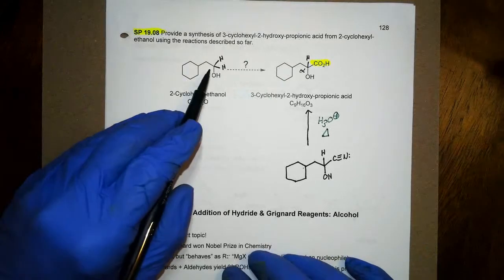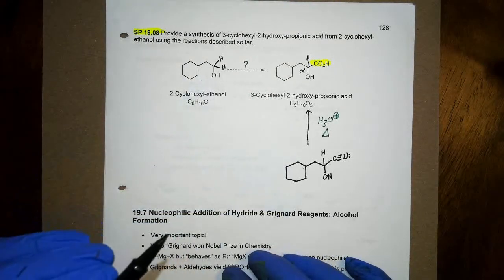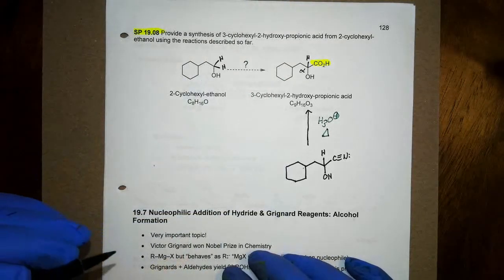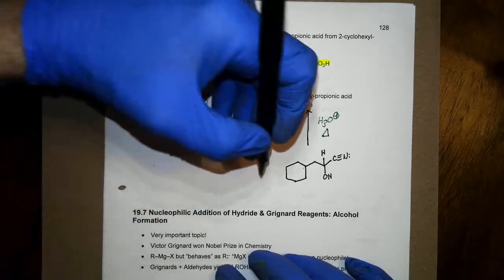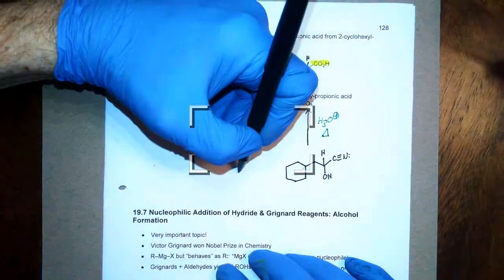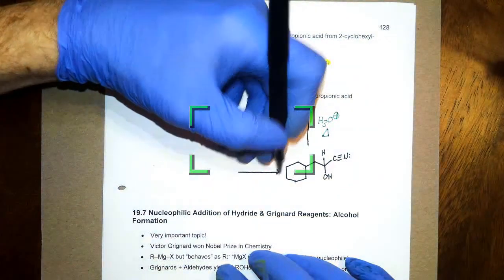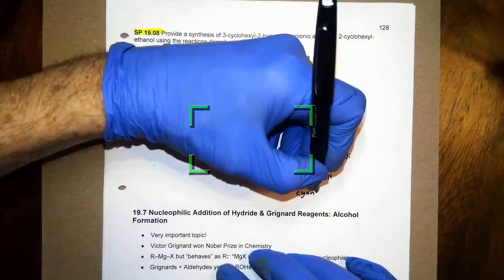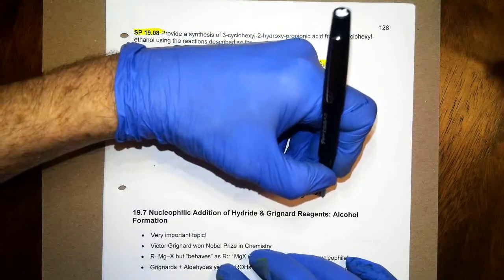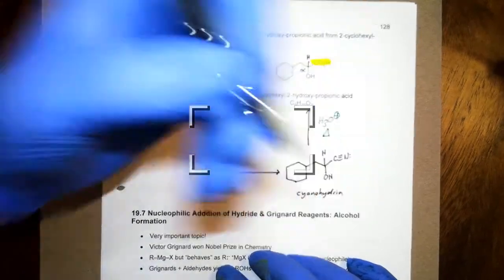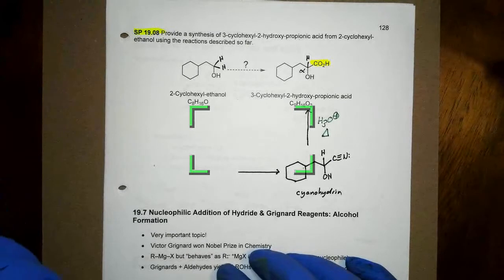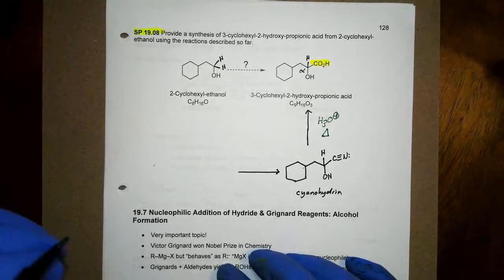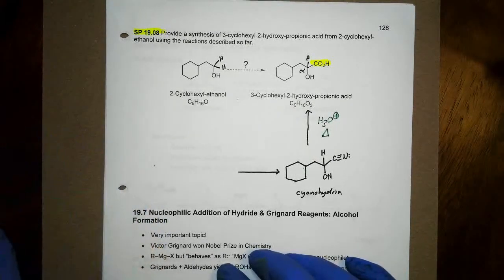Well, is there a way to go from here to here? The answer, not directly, but there is a two-step process. Think back a couple pages back, how did we make cyanohydrins? In other words, this is a cyanohydrin, right? How do we make those? You make them by adding hydrogen cyanide or hydrocyanic acid to an aldehyde or a ketone.